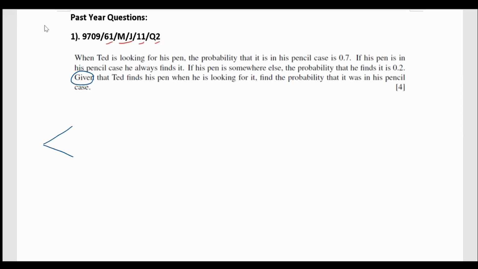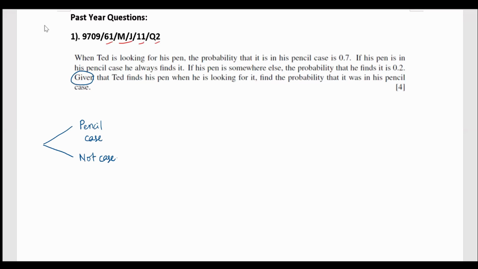Okay, first thing, when Ted is looking for his pen, the probability that it is in his pencil case is 0.7. So in the pencil case, and not in the pencil case.